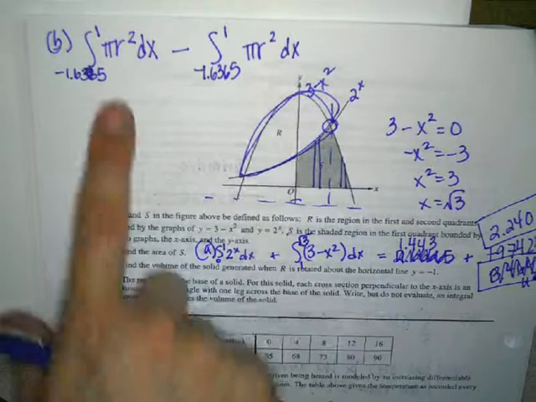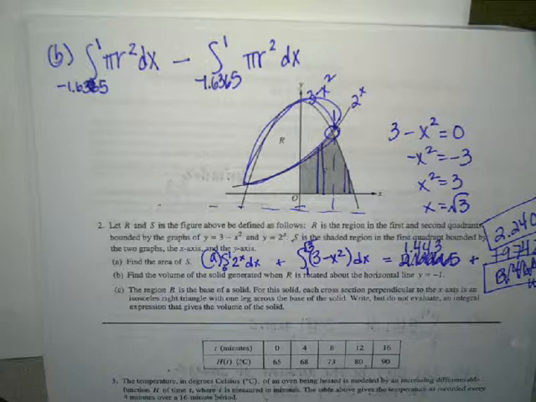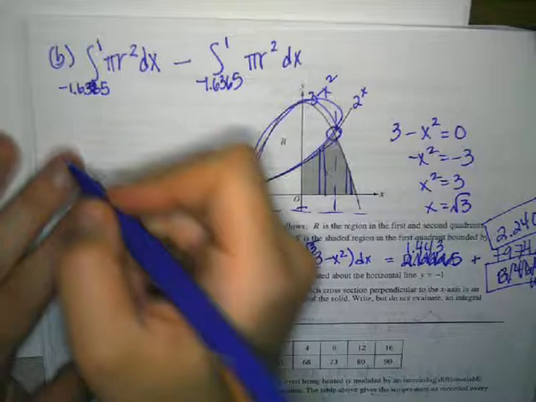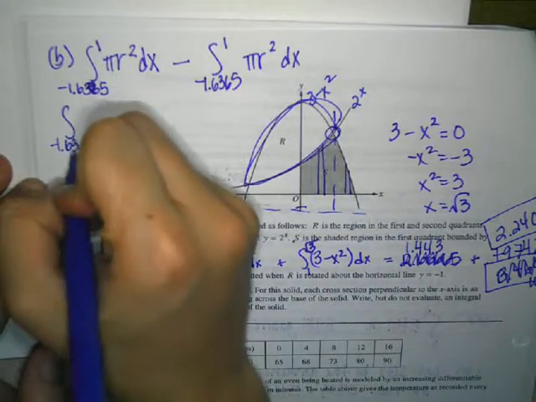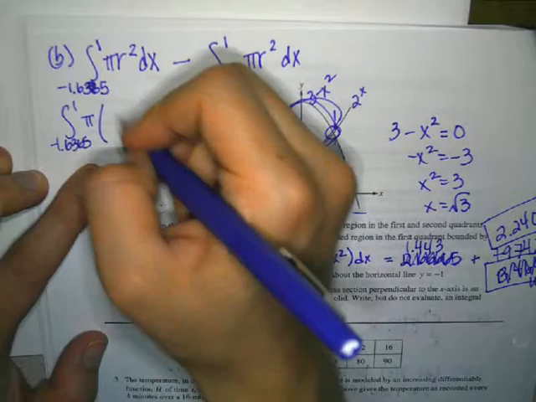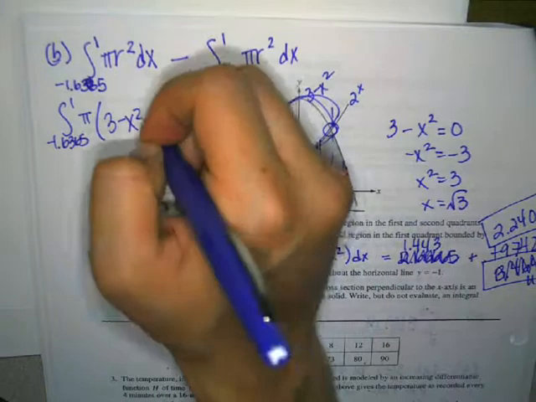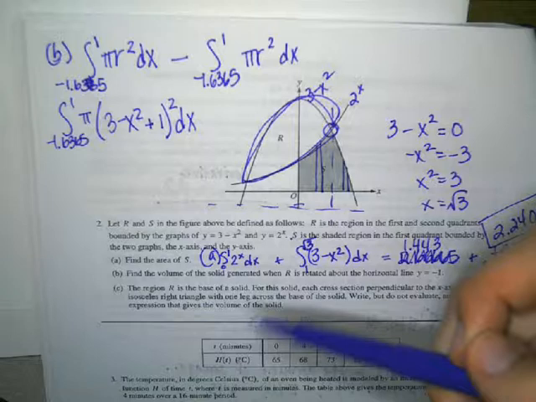My outer disk is top minus bottom, and remember when you're trying to find your radius for your outer disk, the bottom is always the thing that you're rotating around. So top, in that case, will be 3 minus x squared when you write your radius. And then what's your bottom? Negative 1, so really you're just adding 1 there, because you're subtracting a negative 1.